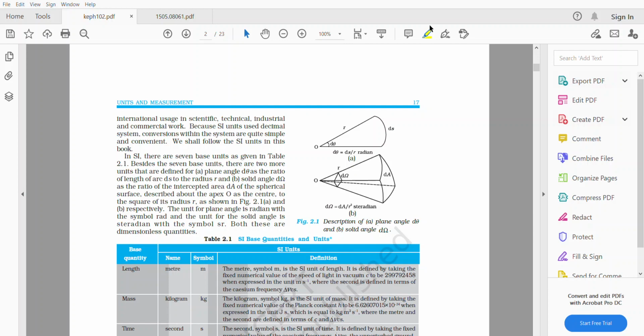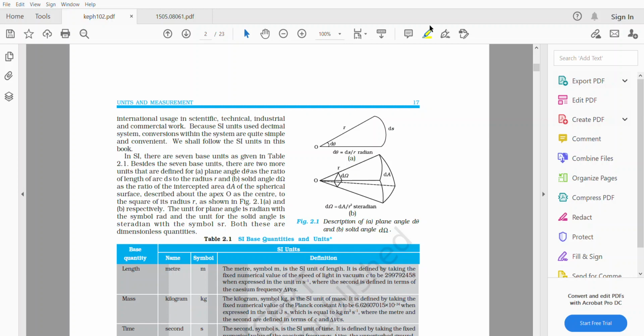If we look at the total arc length of the circle, which is the circumference, 2 pi r, divided by its radius r, it gives the answer 2 pi, which is exactly the angle of the circle. So it is a very easy equation to remember: the angle is given by the ratio of arc length divided by the radius.